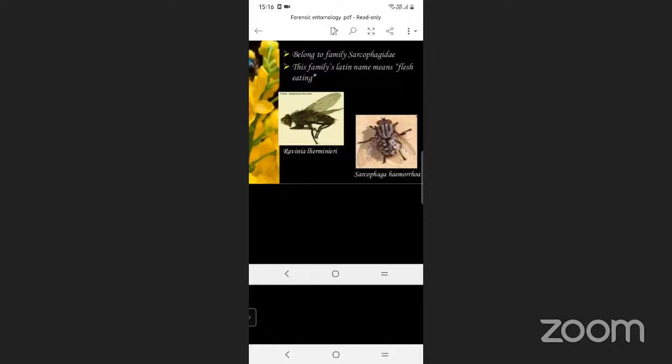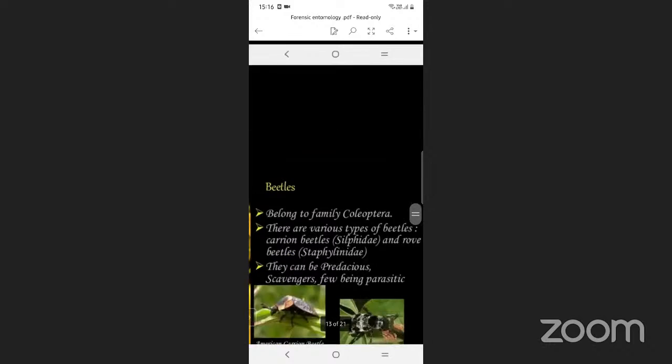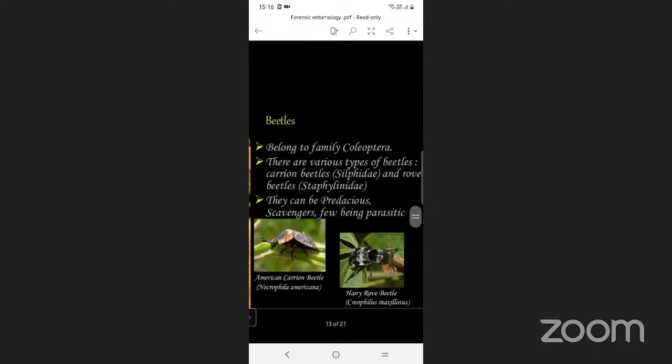These flies, we will see them. And also the beetles we will find on the dead bodies belong to the order Coleoptera. There are various types of beetles, carrion beetles, Silphidae, and rove beetles of Staphylinidae, and they can be predaceous, scavengers, and a few being parasitic.